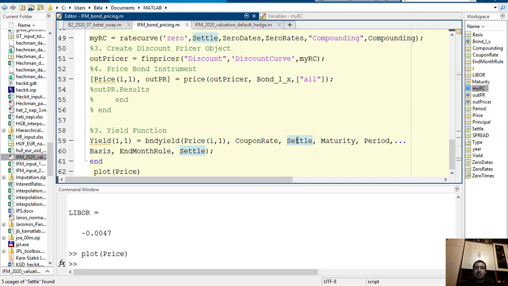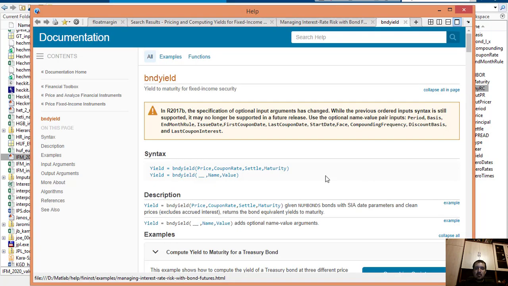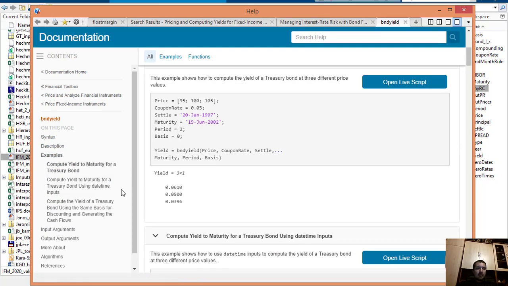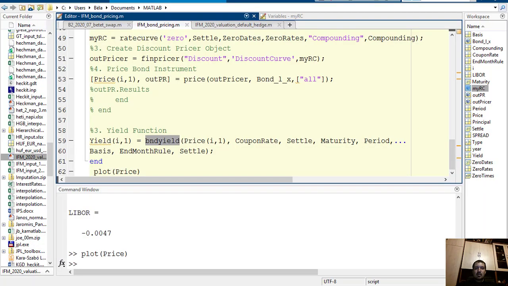Why do we have settle here twice? Oh, ho, ho. Real wages.